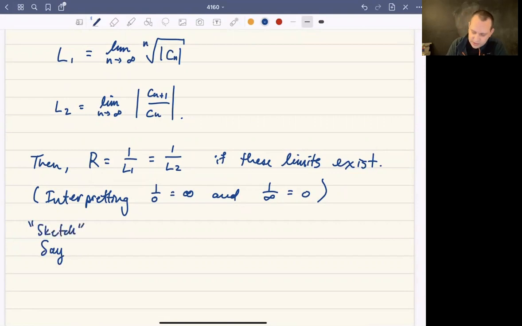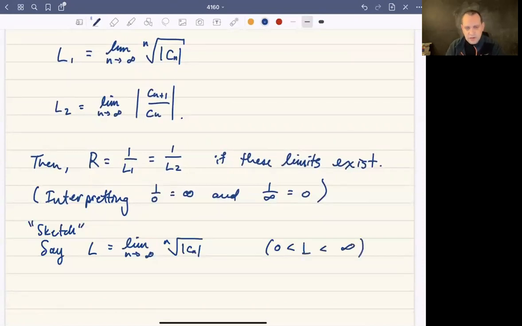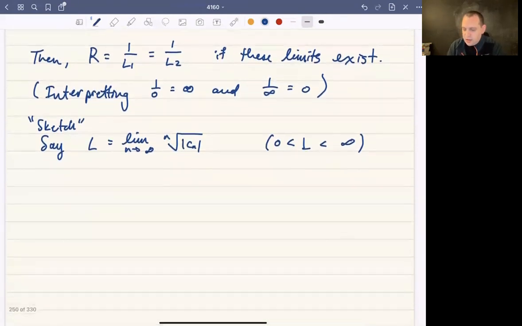It's not even really a sketch, but let's say that L, I'm just going to call it L so I don't have to keep writing L1, and I'm just going to work with the root test, and I'm going to suppose that L is some positive finite number. Not infinity, not 0, because those are special cases in a certain sense. But let L be like 5 or 1/2 or whatever. So say L is this limit. Think about what that means.